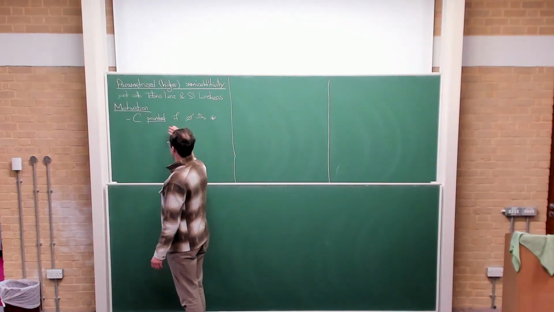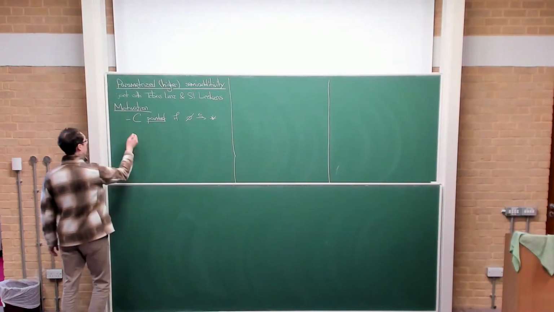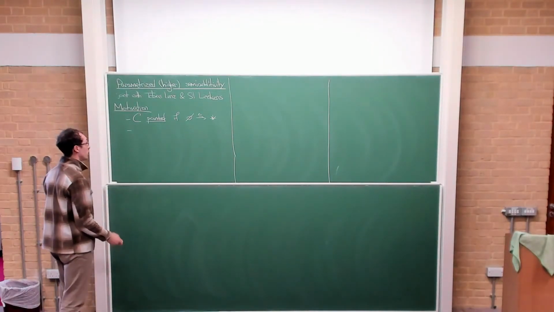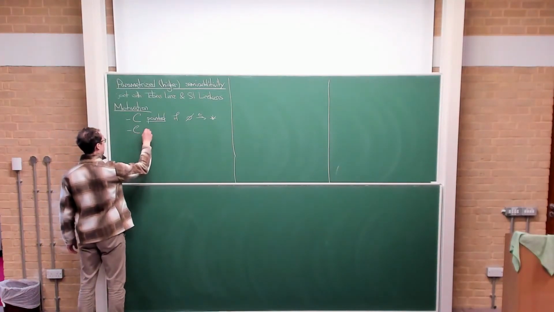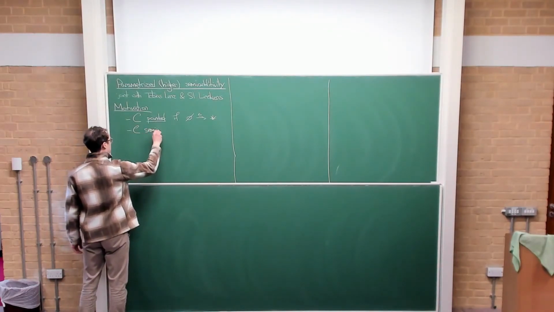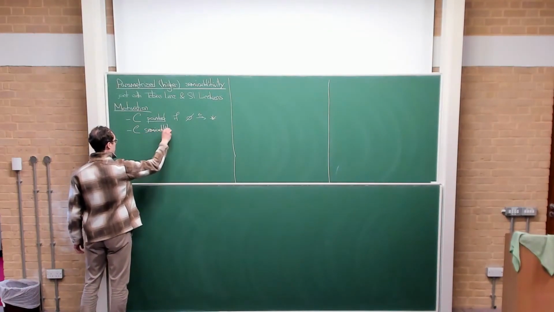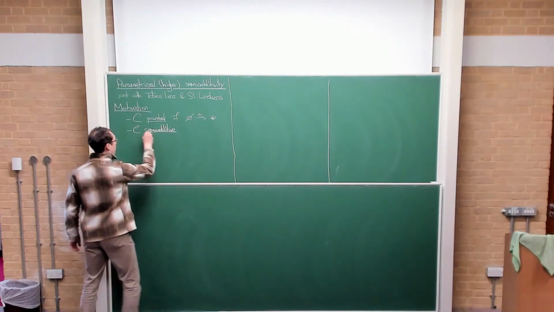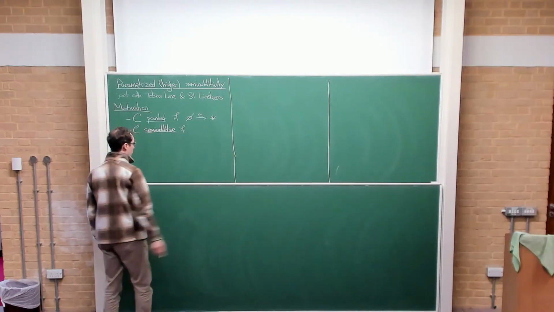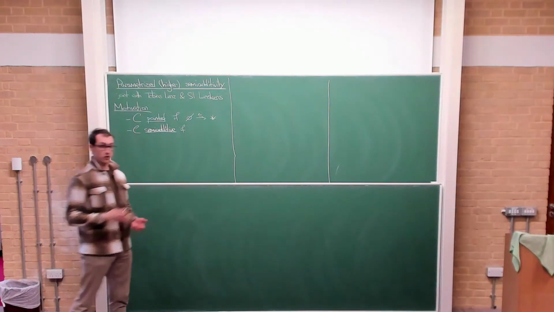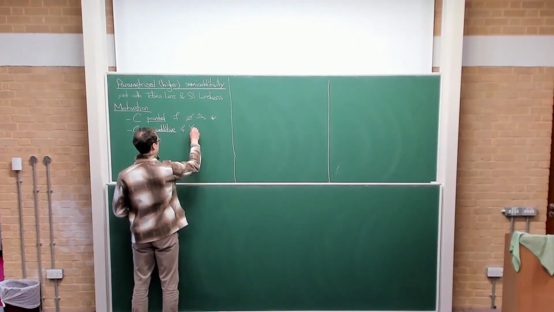And once we have a pointed infinity category, we can ask it to be semi-additive, which means it has finite coproducts and finite products, and these agree with each other.